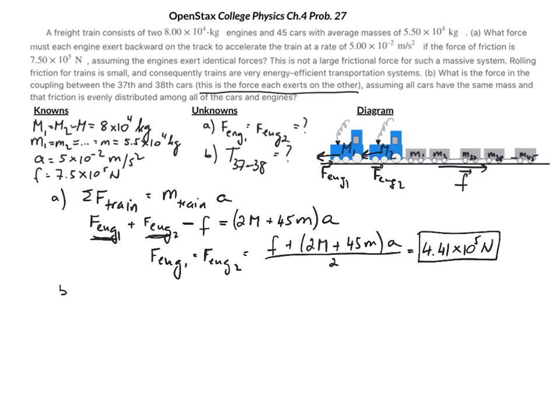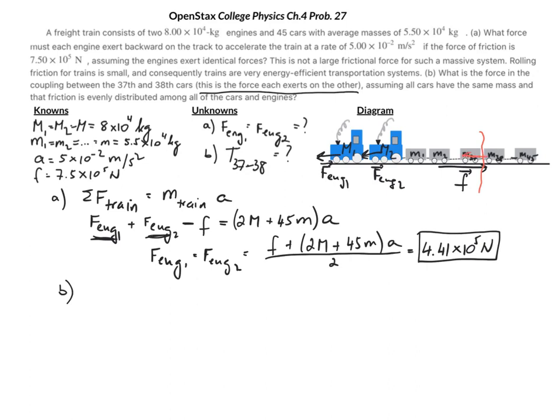Now in the second part, we're looking for the force that is exerted between cars 37 and 38. So if I just look at cars 38 through 45, I know that the only reason they are moving to the left is because this tension between the two sections of the train pulls them.